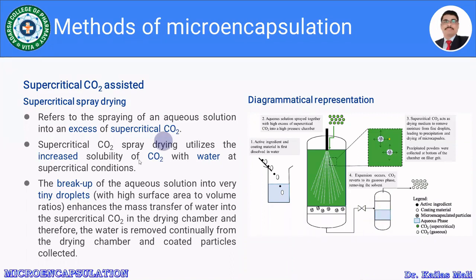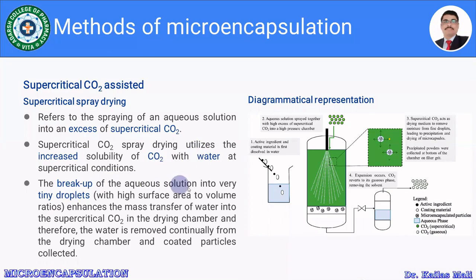It refers to the spraying of an aqueous solution into an excess of supercritical carbon dioxide. Here the supercritical carbon dioxide spray drying utilizes the increased solubility of carbon dioxide with water at supercritical conditions.